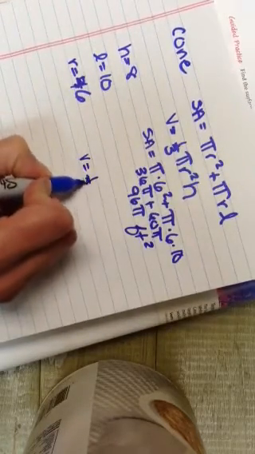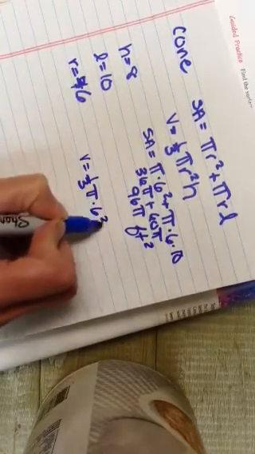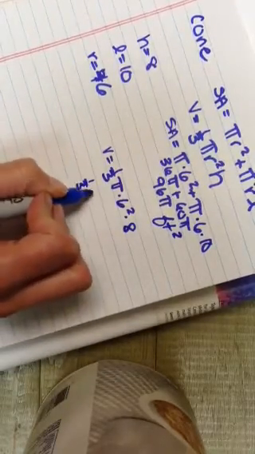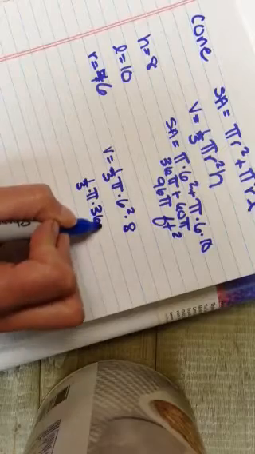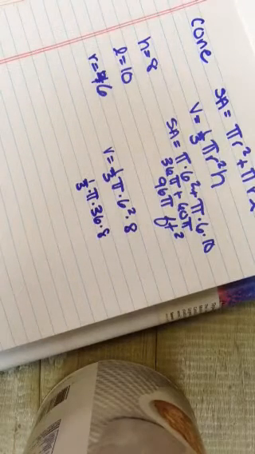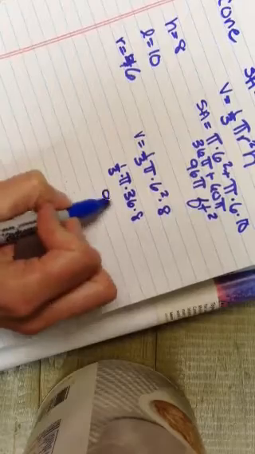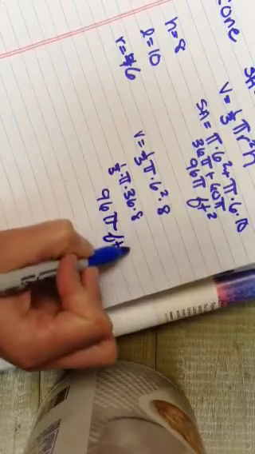Volume, we're going to do 1/3 pi times the radius squared times the height. So that's going to be 1/3 pi times 36 times 8, which will be 96 pi feet cubed.